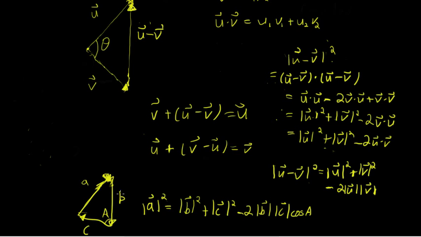Just like the angle between B and C was angle A, the angle between u and v is theta.